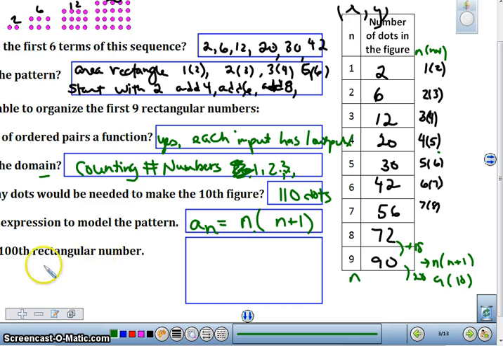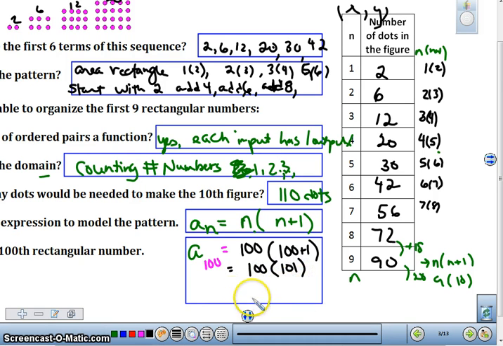So if we wanted to find the 100th rectangular number, we want to use this pattern. It's saying, what is a sub 100? And that is going to be equal to 100 times 100 plus 1, which is 100 times 101.